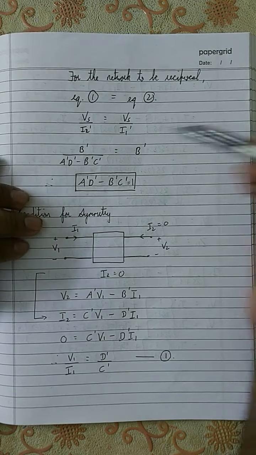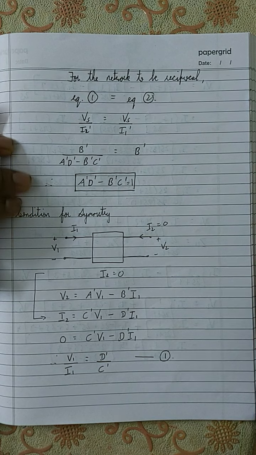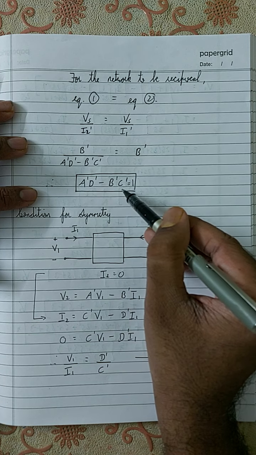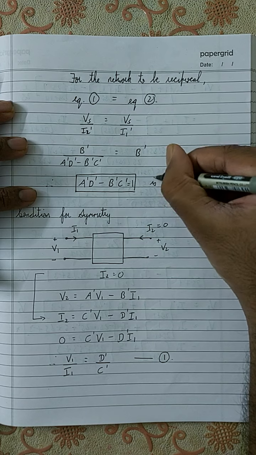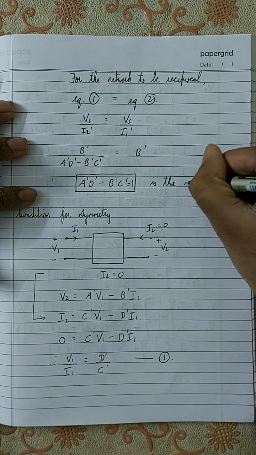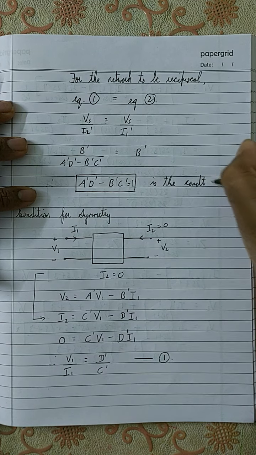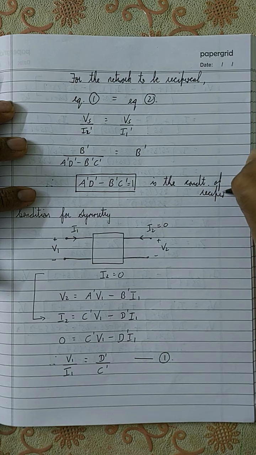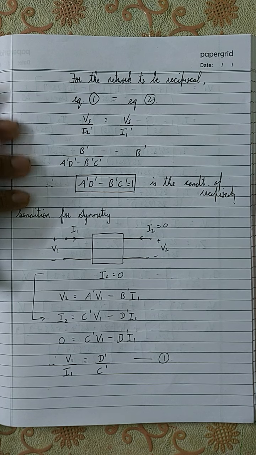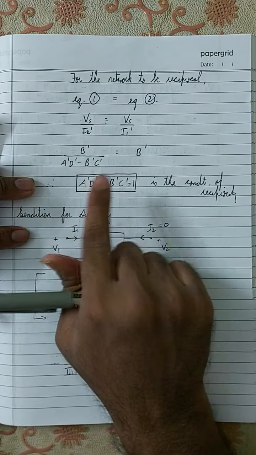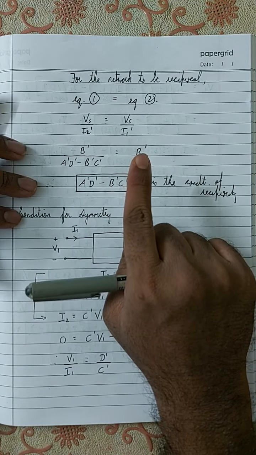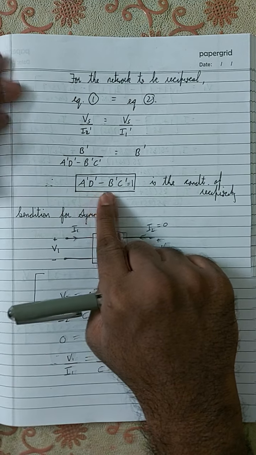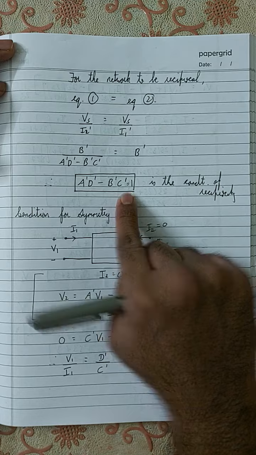Therefore B dash and B dash will cancel each other, and we see that A dash D dash minus B dash C dash is equal to 1 is the condition of reciprocity. That is, for a network to be reciprocal, it should satisfy this condition using the inverse transmission parameters, that is A dash D dash minus B dash C dash is equal to 1.